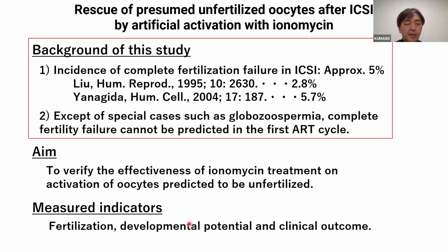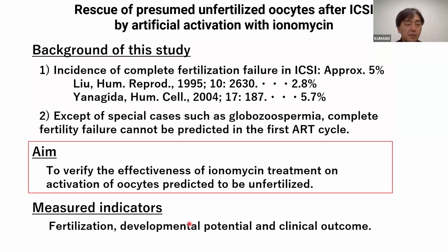Background. The incidence of complete fertilization failure in ICSI is about 5%. And except for special cases such as globozoospermia, fertilization failure cannot be predicted in the first ART cycle.